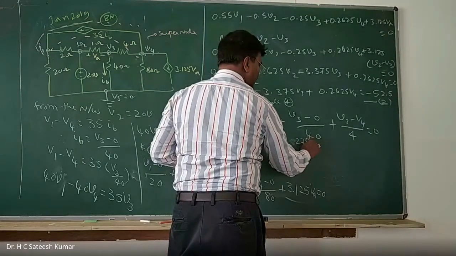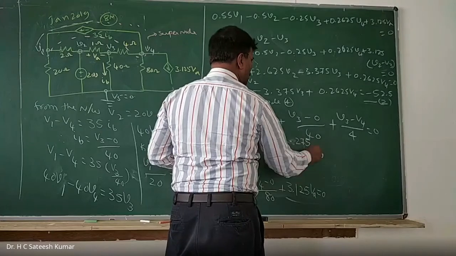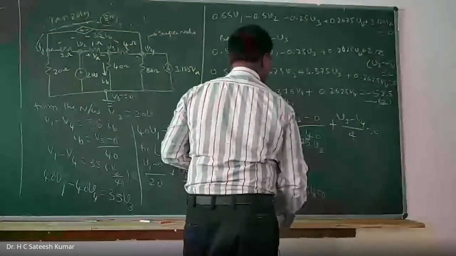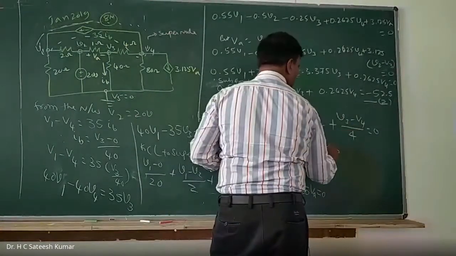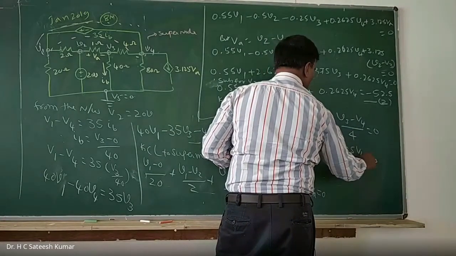Okay, right, plus 1 is there. 1.275 V3, and V4 minus 0.25 V4 is equal to 0.